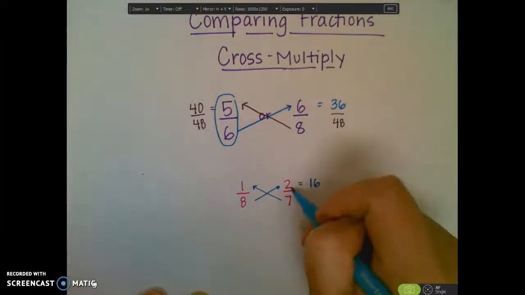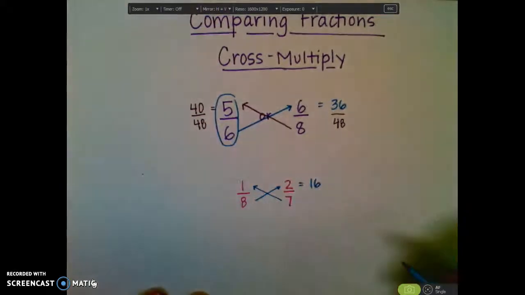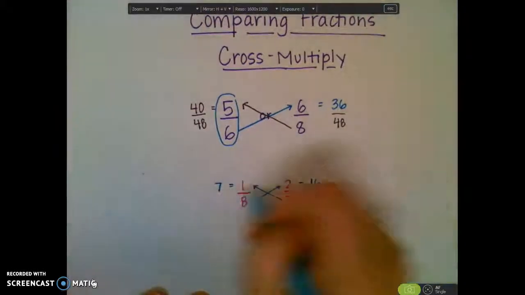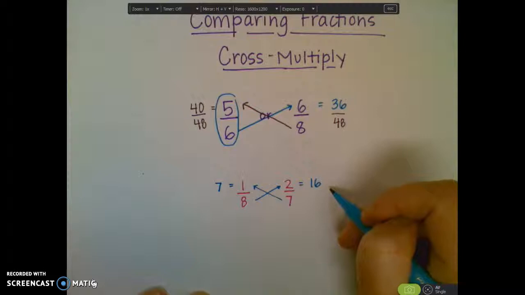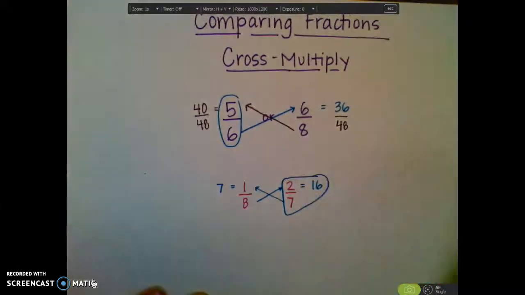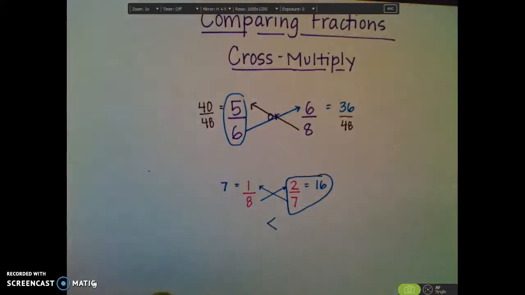Okay, so I'm going to put the 16 here by the 2 because I used this numerator. Okay, and then 7 times 1 is 7. So now 7 and 16 are the numbers I'm comparing. 16 is larger, so that means 2/7 is my larger fraction. And so I'm going to use that symbol to compare them.